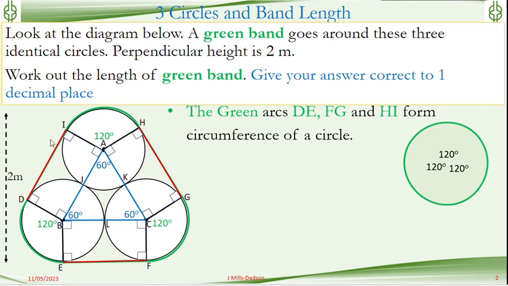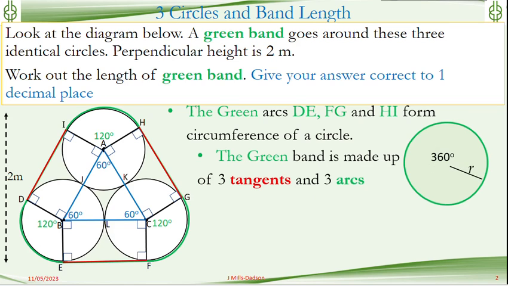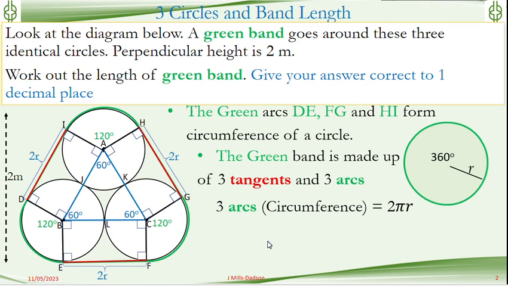So it's clear that the length of IH plus GF and ED make a complete circumference of a circle with a radius R. So we can now know that the green band actually is made of 3 arcs, which is the circumference, and 3 red lines, which each is equal to 2R. So our 3 arcs is the circumference, which is given by 2 pi R. And our 3 straight lines, each is 2R, so that's going to be 6R.